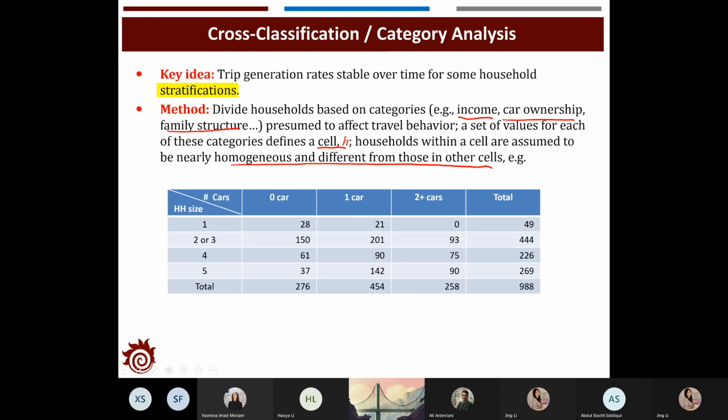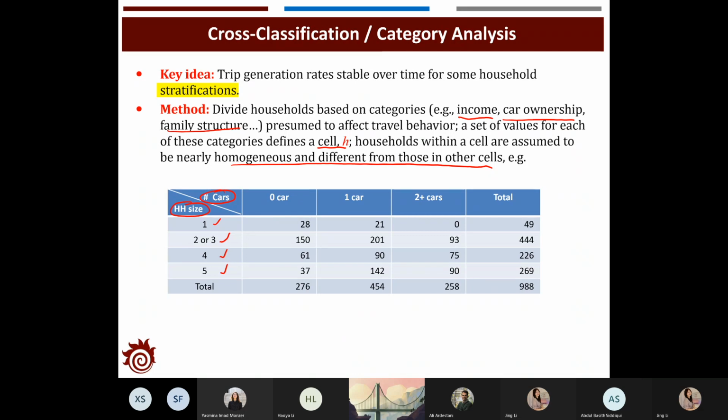And so with that, we can have a table like this one, and this one will tell us how many households are in each category. These categories are defined based on the household size and the number of cars owned by each household. So we consider the household size with 1 person, 2 to 3 persons, 4 persons, 5 persons, and more.